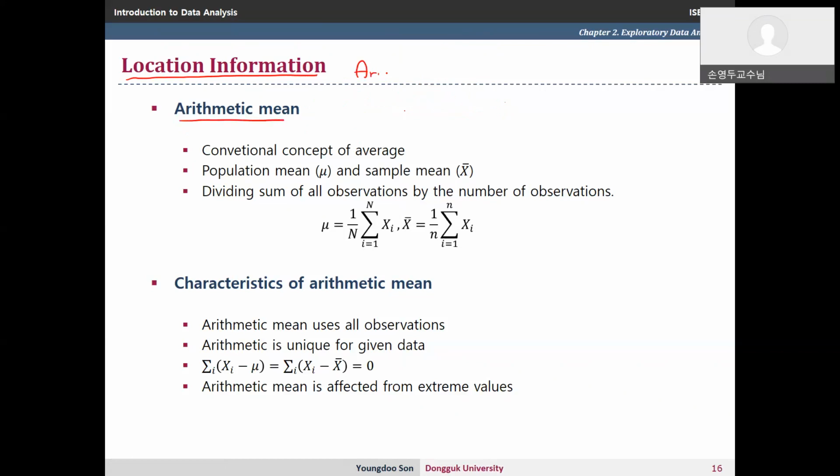The first one is the arithmetic mean, the second one is the geometric mean, and the last one is the harmonic mean.